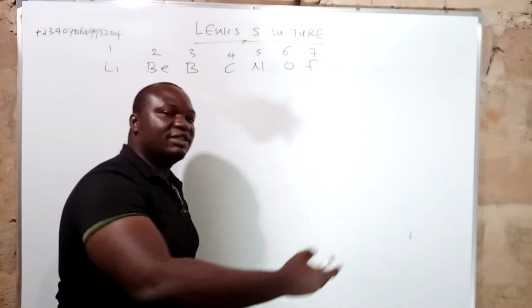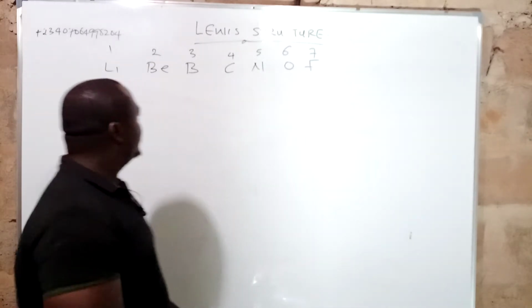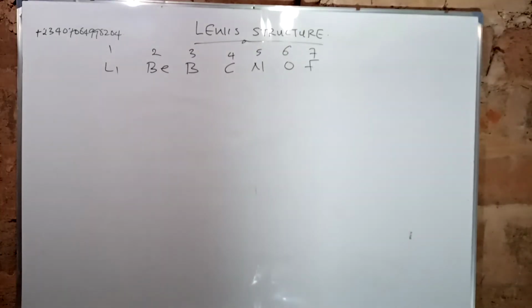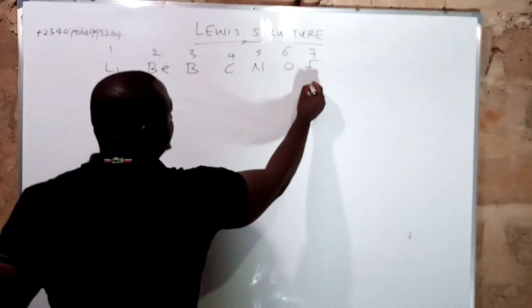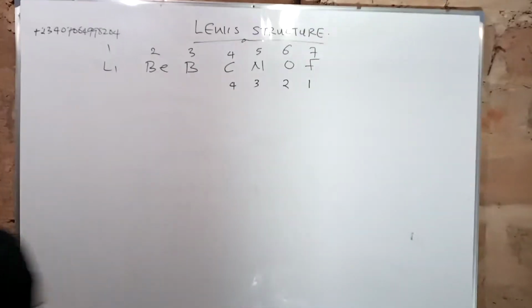Metals give out electrons, and that's why they are positively charged. If you do not understand what I'm saying right now, you may find it difficult in this course. Now, the number of bonds will be 1, 2, 3, 4, right? Good.